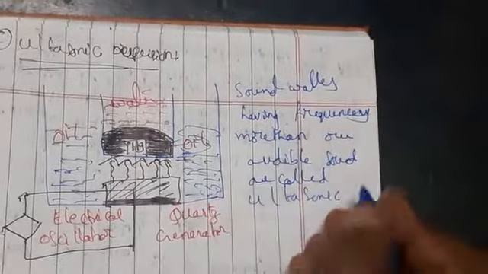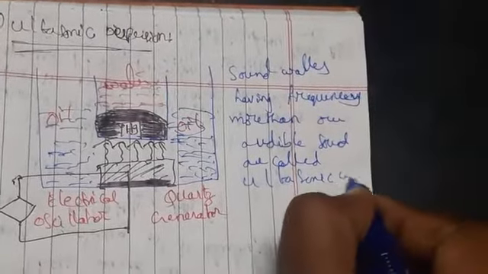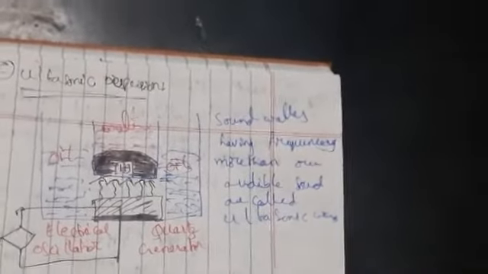Sound waves having frequency more than our audible sound are called what here? Ultrasonic waves. Okay.